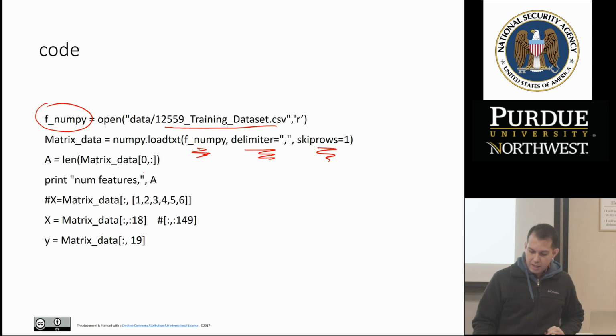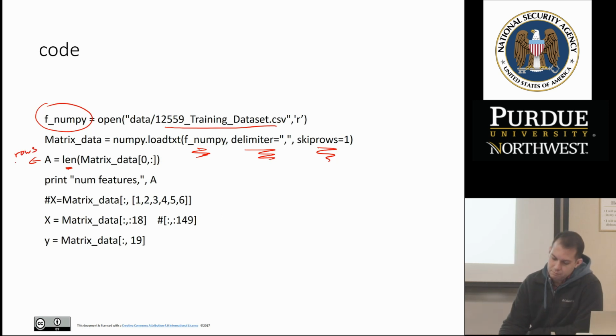And then here we can do various operations. Here I want to know the length, for instance, of the first column for all elements in it. So that gives me what? The number of rows. So this A is actually the number of rows. That's a useful little trick. And then you can print the number of features. Oh, that's right, I'm sorry.